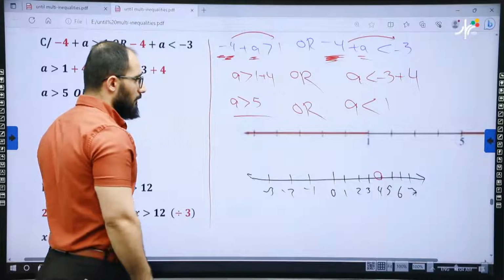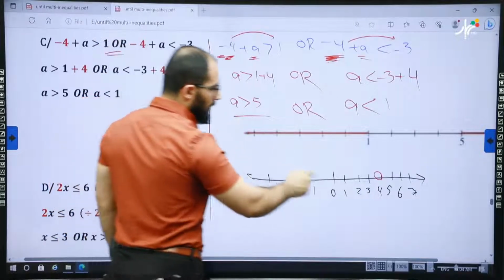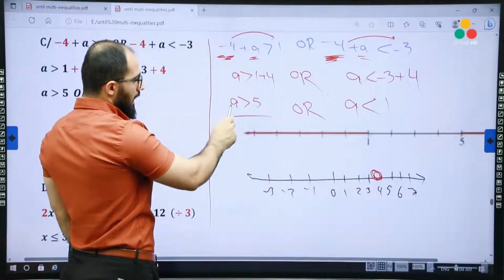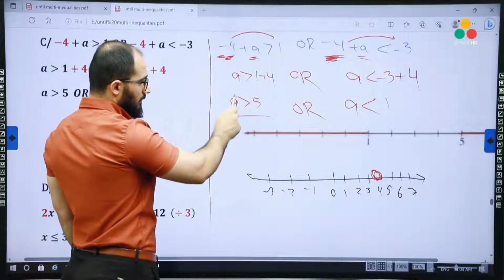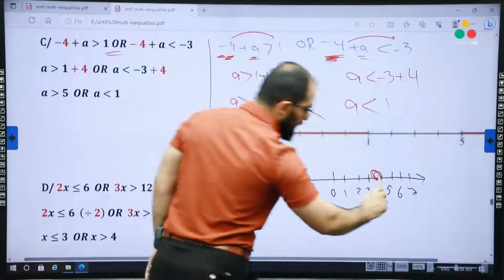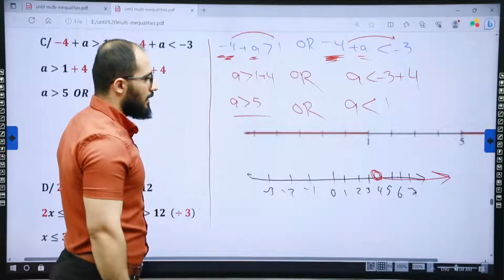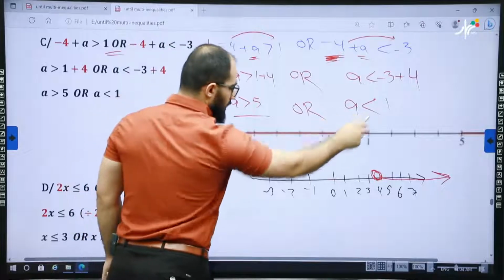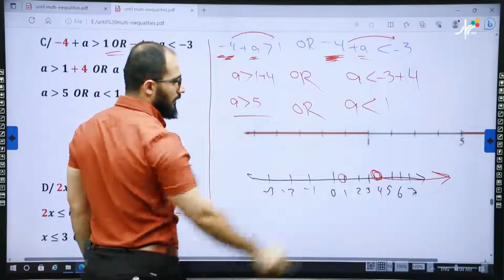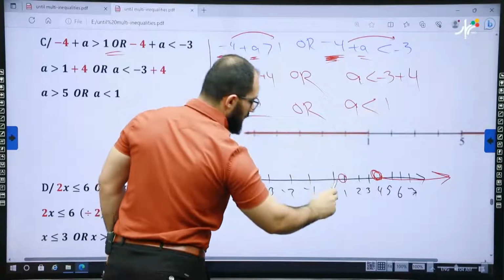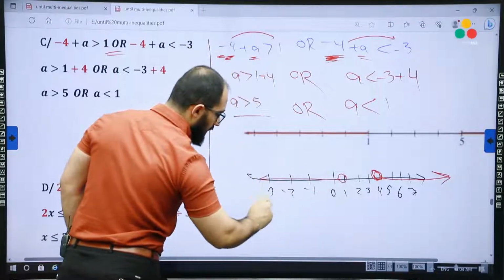The number is 5. Then there is no equal, so we leave the circle empty. A is greater than 5, it means it goes to the right side. The other part, the number is 1, circle 1. There is no equal, so it's empty. A less than 1, so go to the left side.